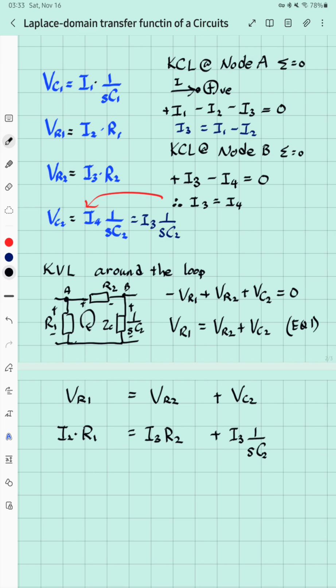We'll leave this and put it together in terms of finding what I2 is.